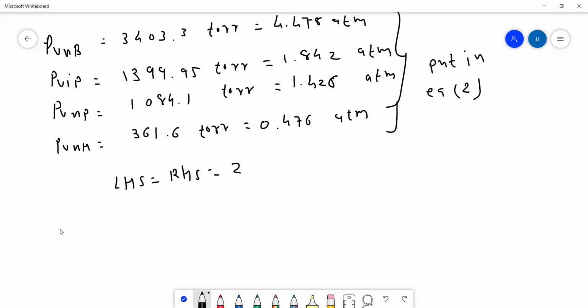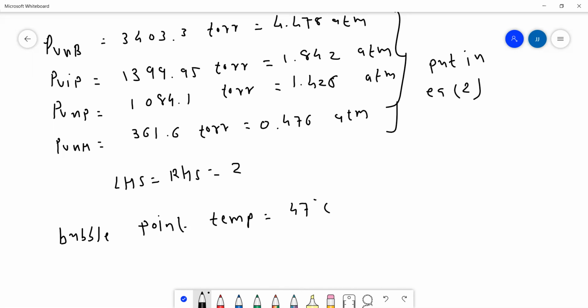What does it mean? The bubble point temperature is equal to 47 degrees centigrade.